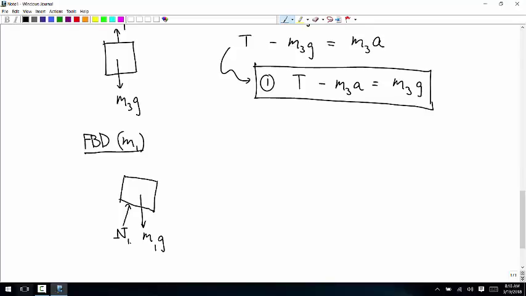For the friction, this one has a couple of problems. We need to know one more thing in order to do the friction force. What do we have to know? It gives us mu, but we don't know what direction the friction force is acting if we don't know what direction this is moving.